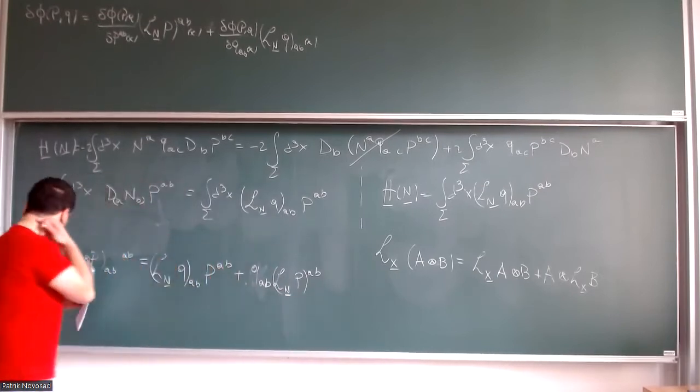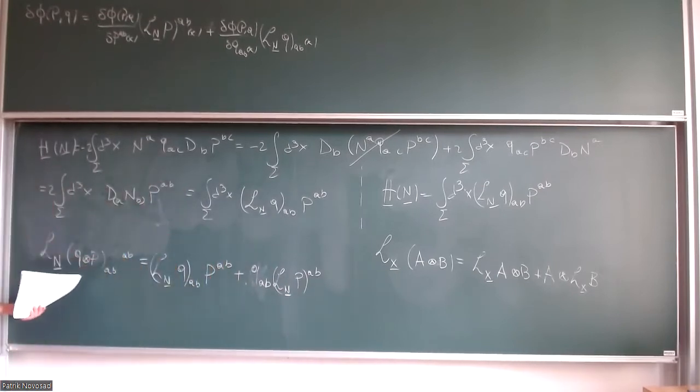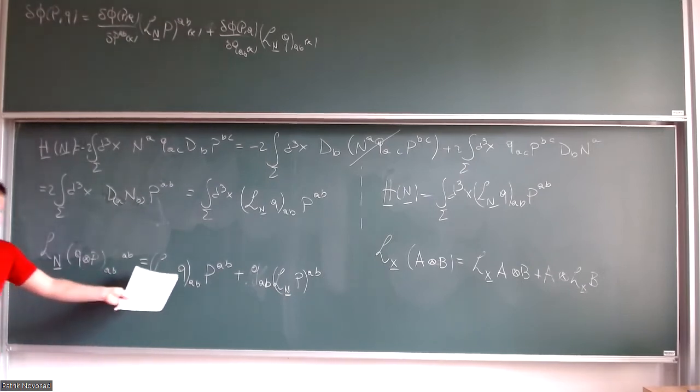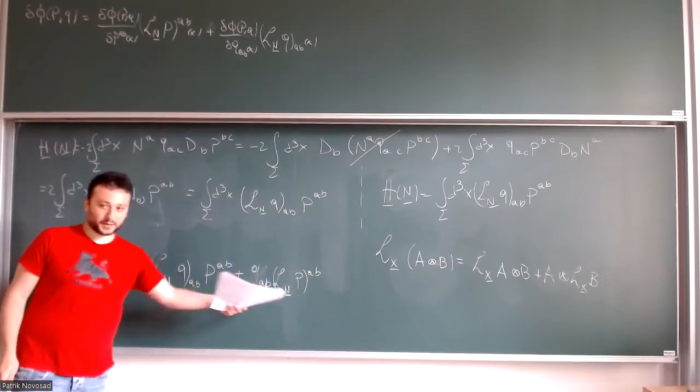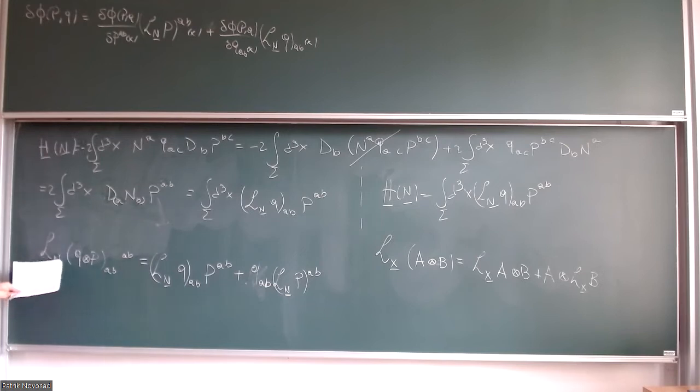And now we want to say that okay, this becomes this minus this, and that's okay. But then we have to compute also this. That's a contraction, so actually this is 0. It's a scalar, right?